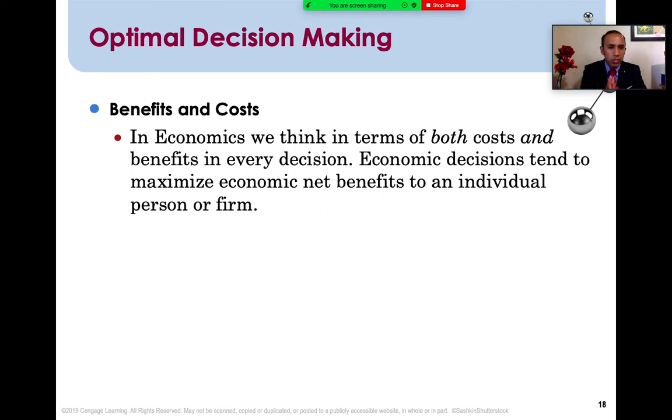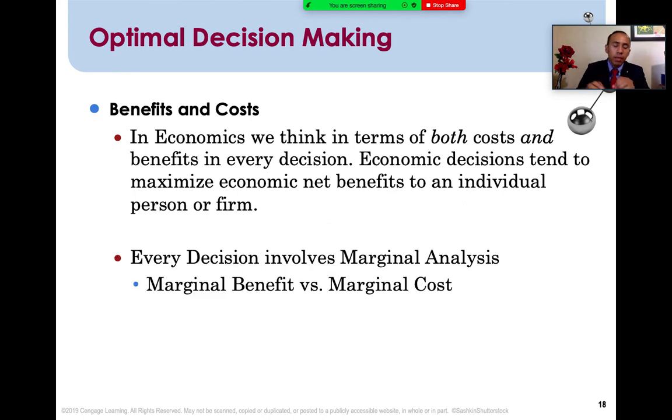So economic decisions tend to maximize the net economic benefits to any person, firm, or market, when it comes to benefits and costs. And we use this principle by applying the marginal benefit versus marginal cost analysis concept, or in general, marginal analysis, which includes marginal benefit and marginal cost.